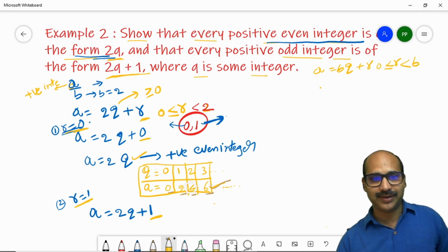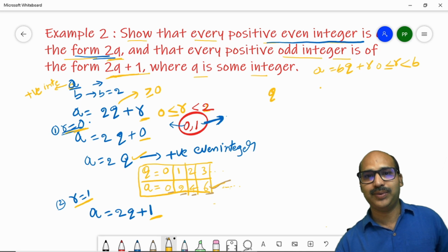In a similar fashion, we can get a table here. Here q is 0, 1, 2, 3 and so on, and a for this second case is 2q plus 1.